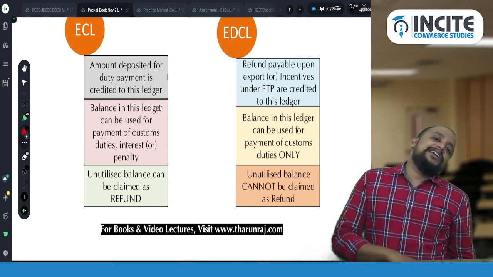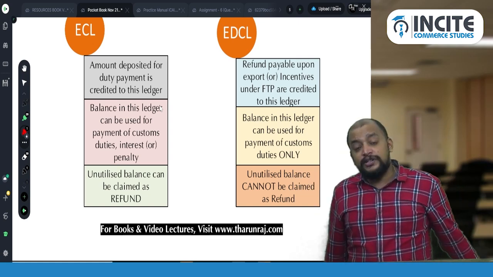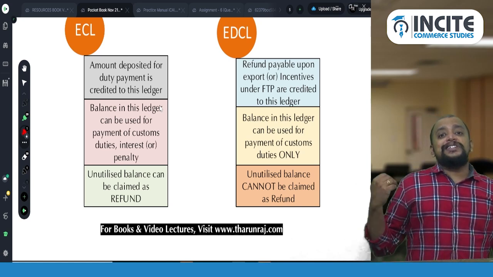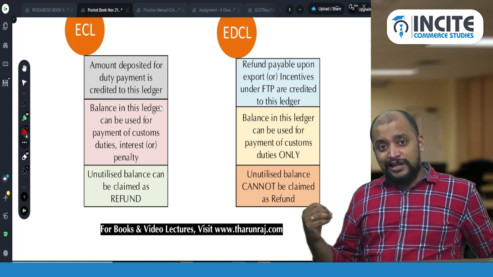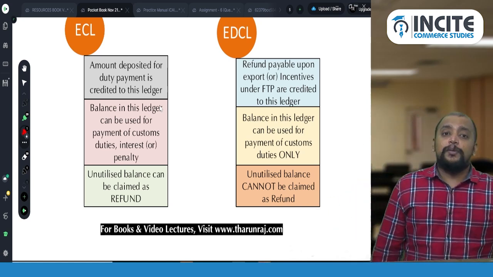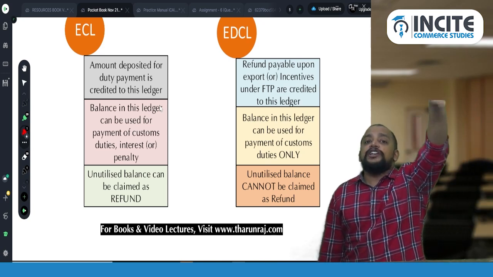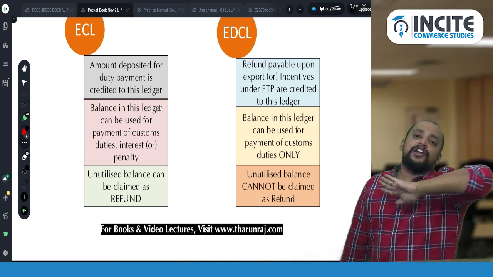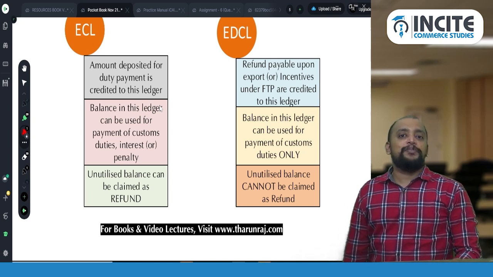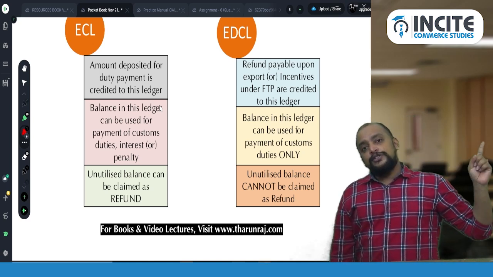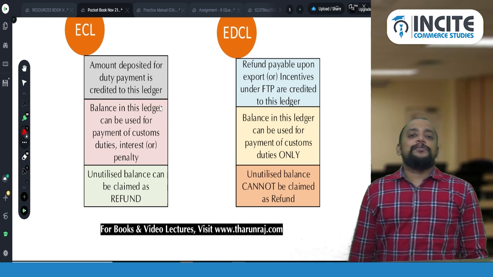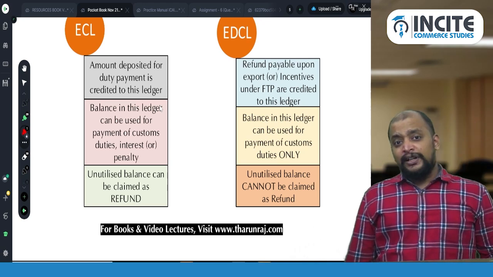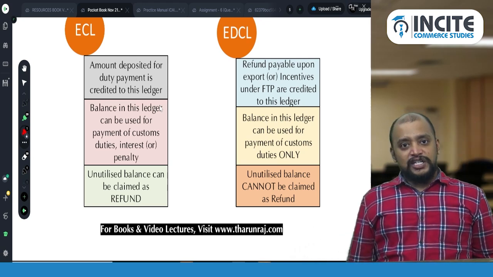They will not give it as a refund into your bank account. The money in the electronic duty credit ledger can be used for payment of your customs duty, only customs duty, but cannot be used for payment of interest and penalty. Same logic: under GST also, the electronic credit ledger balance cannot be used for payment of penalty, interest, fee, etc.